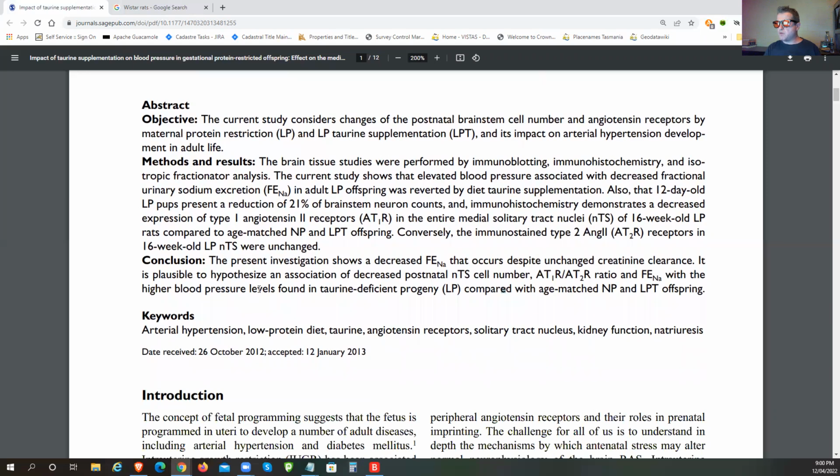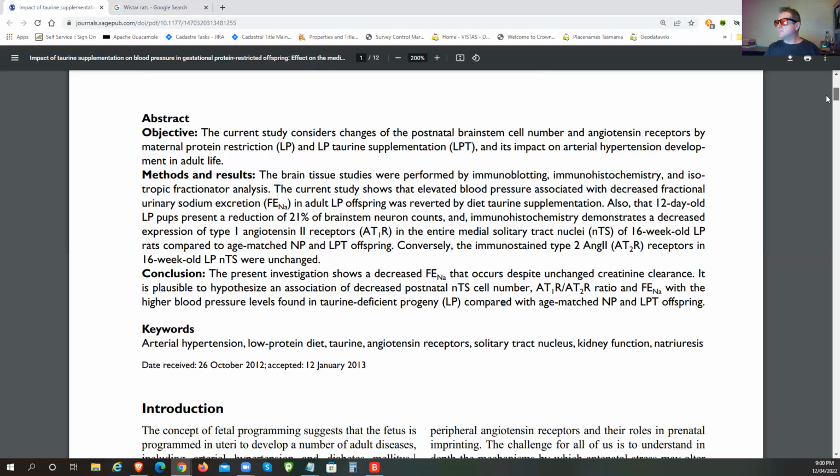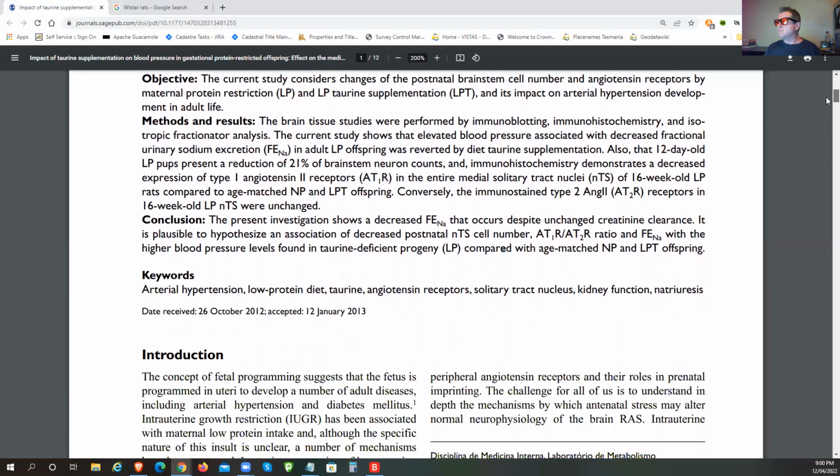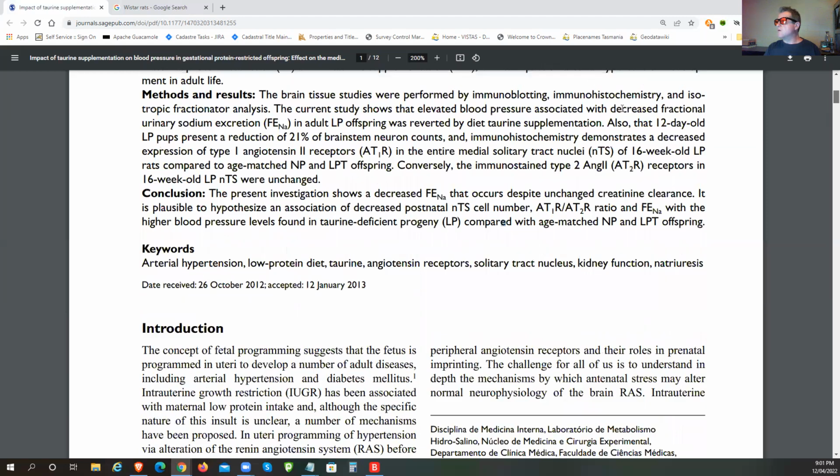So with the high blood pressure levels found compared to, they saw that change in blood pressure. And these were age matched. Just a reminder up here that there was blood pressure associated with the decreased fractional urinary excretion. So we'll see that shortly.